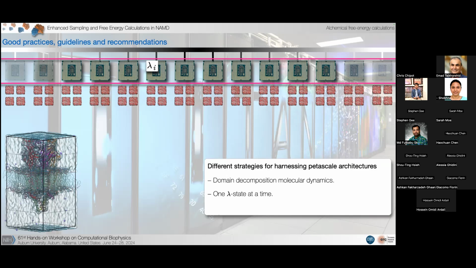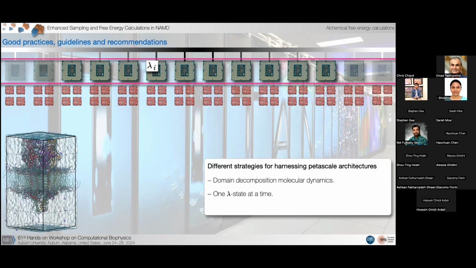You don't want a memory effect, which is sometimes referred to as Hamiltonian lag. You want your ensemble of configurations to reflect the actual value of lambda.